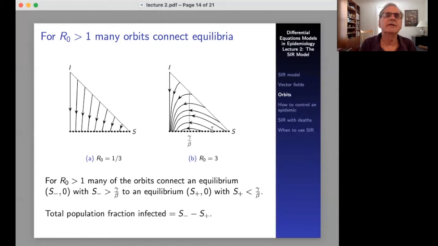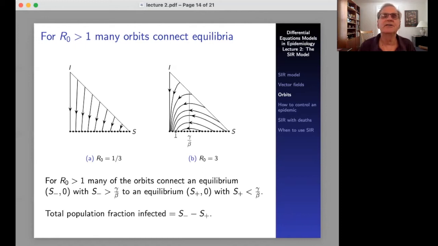The epidemic takes off, the number of infectives increases. Eventually you cross S equals gamma over beta, and the number of infectives starts to decrease. As time goes to infinity, you approach another equilibrium, which we call S plus, because it's approached as t goes to plus infinity.